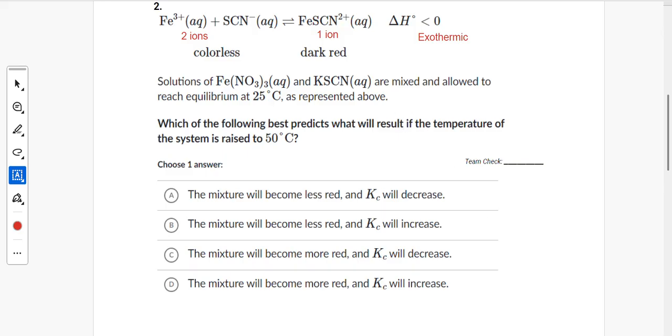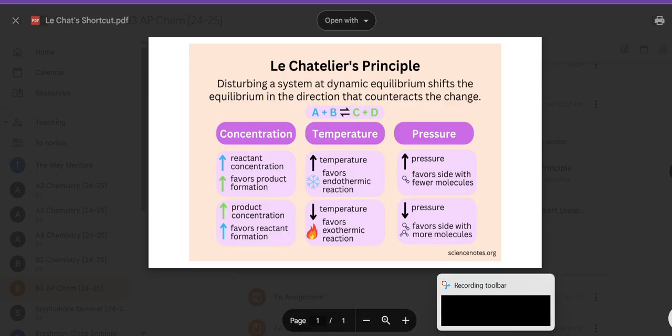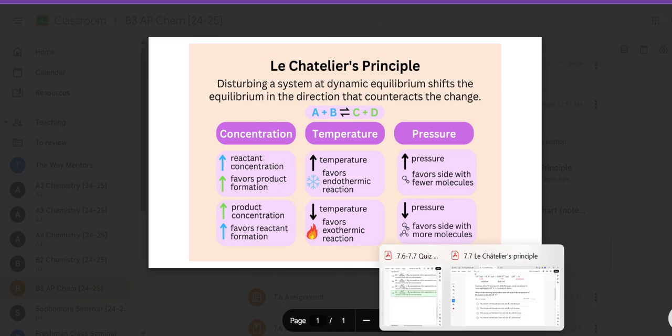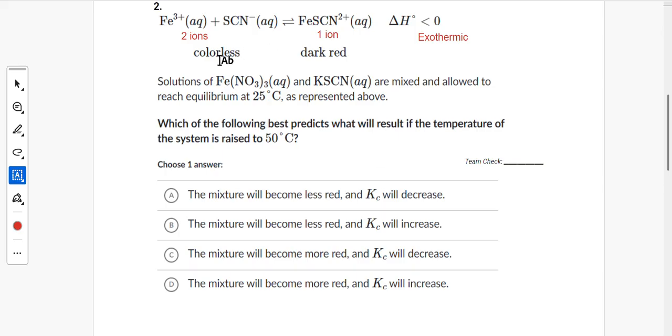Let's look at our cheat sheet. If we raise the temperature, it favors an endothermic reaction, and we just established this is an exothermic reaction. So it's going to do the opposite. It's not going to go forward in the exothermic direction from left to right.